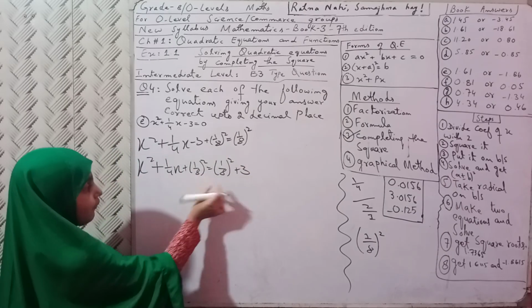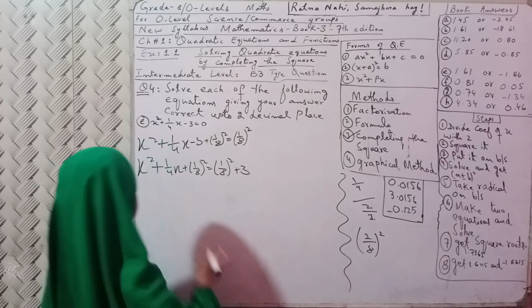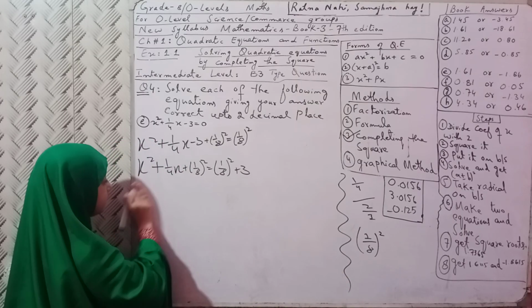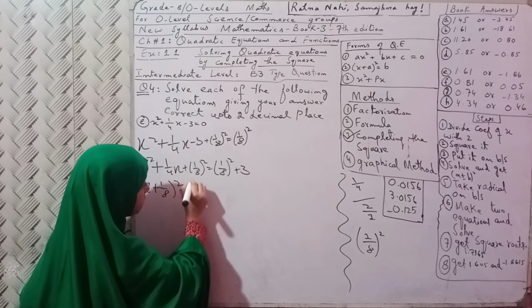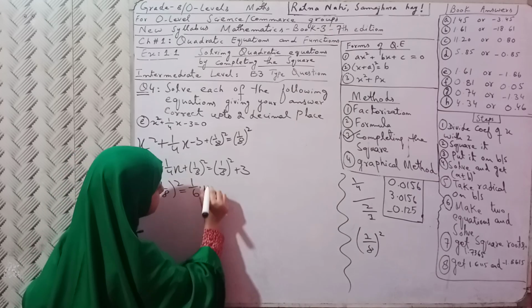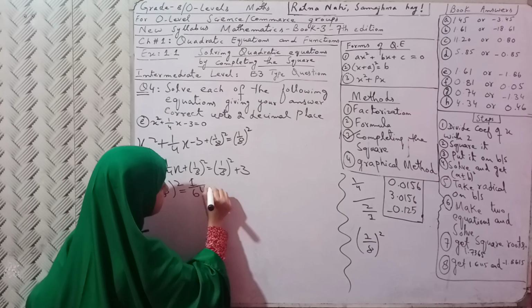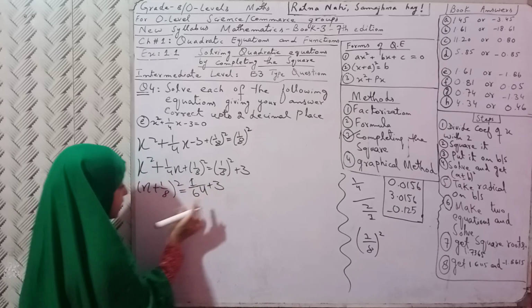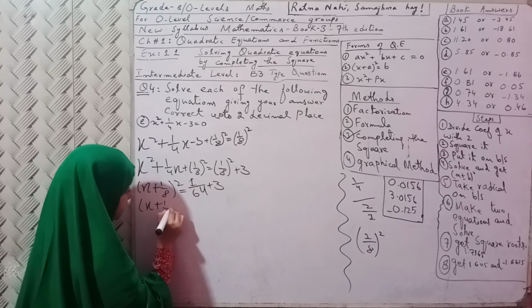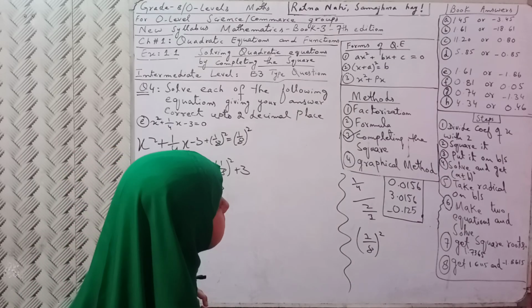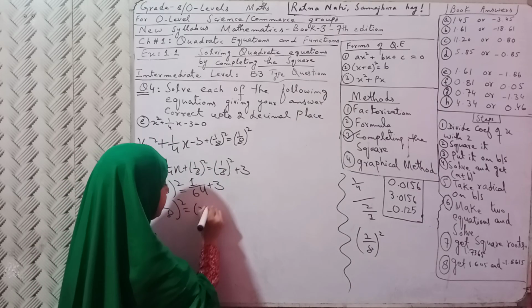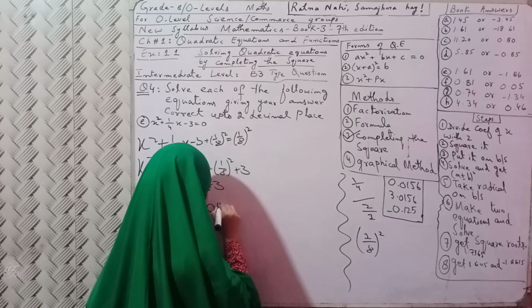Then we will use the formula and we will open this. So, here will come x plus 1/8 whole square is equal to 1/64 plus 3. This will be divide, x plus 1/8 whole square is equal to 0.0156.